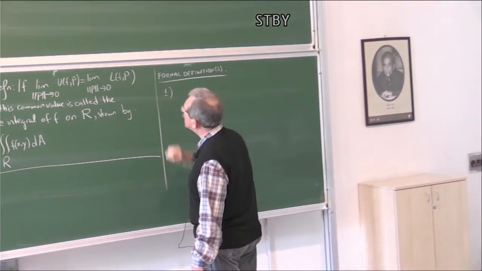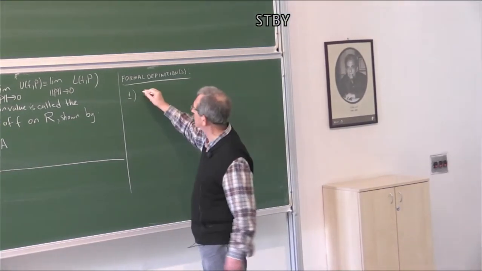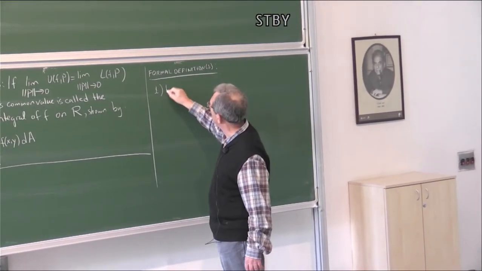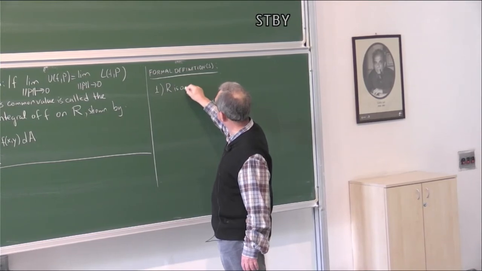Well, the first one is over a rectangle. That is, R is a rectangle.